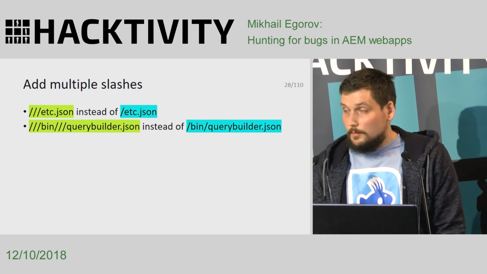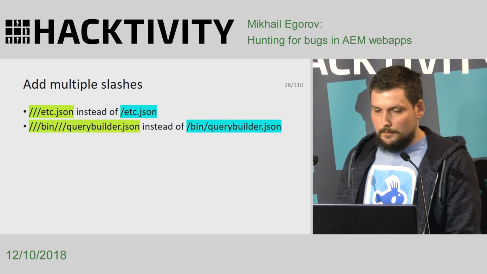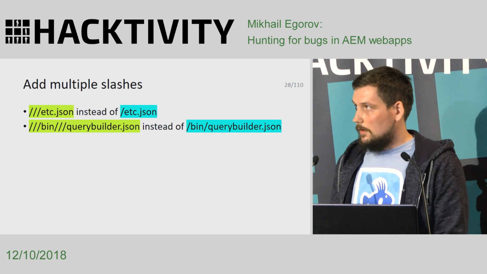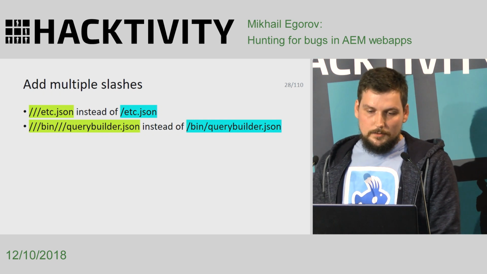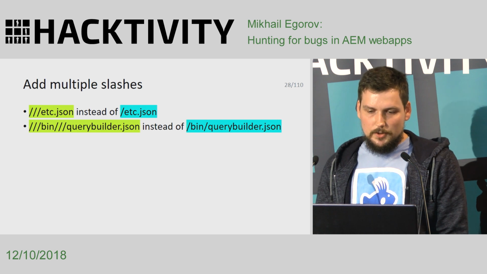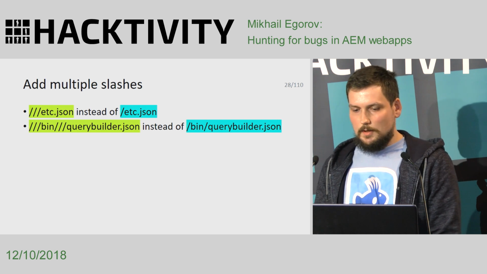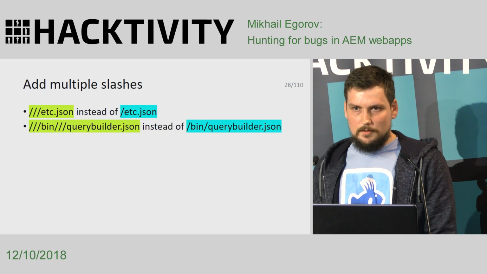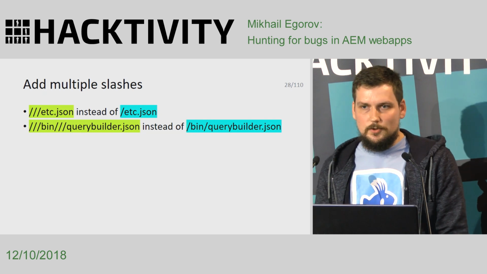In some cases, we can bypass a weirdly configured dispatcher by adding multiple slashes. So if access to /etc.json is blocked, we can try three slashes, ///etc.json, and sometimes it works magically.